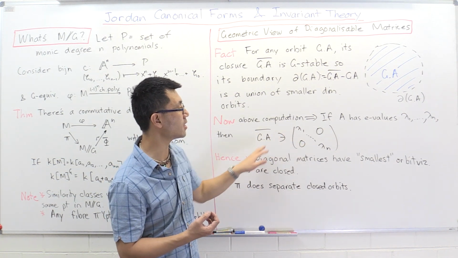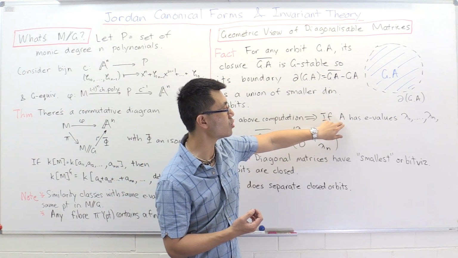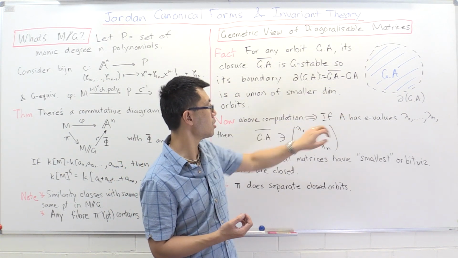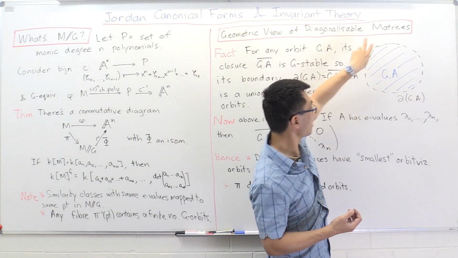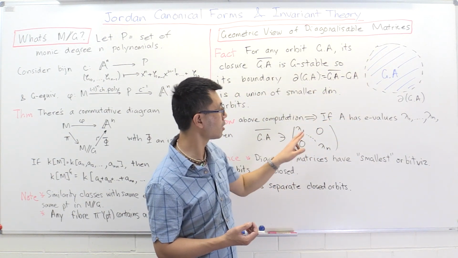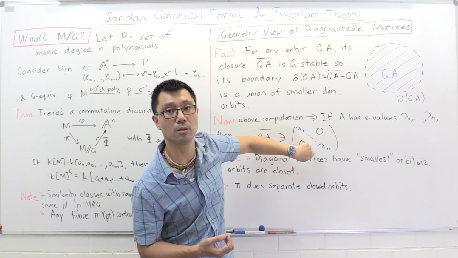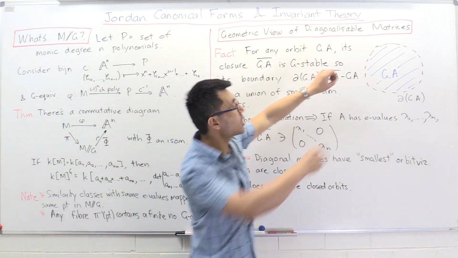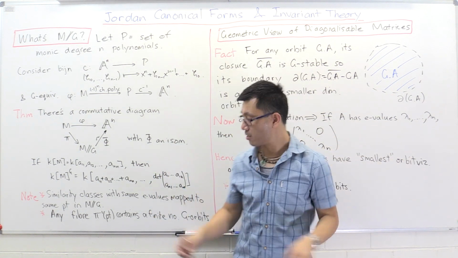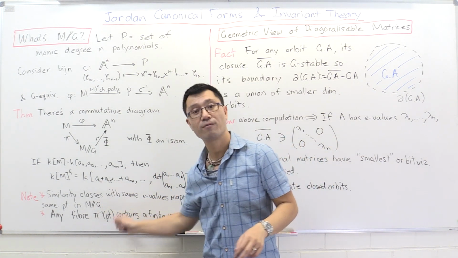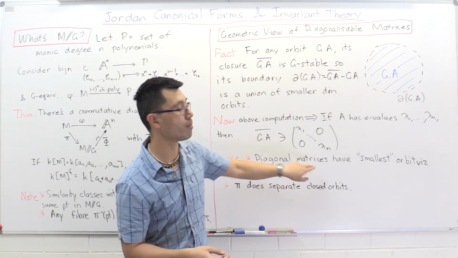So it turns out that if you have something which is not diagonalizable, you can do this, and you'll find on the boundary the orbit containing the corresponding diagonalizable matrix. So in some ways it's the smallest G orbit inside this fiber. This fiber is a finite union of G orbits, and the smallest one corresponds to the diagonal matrices.